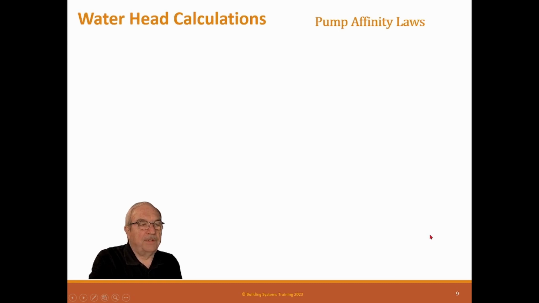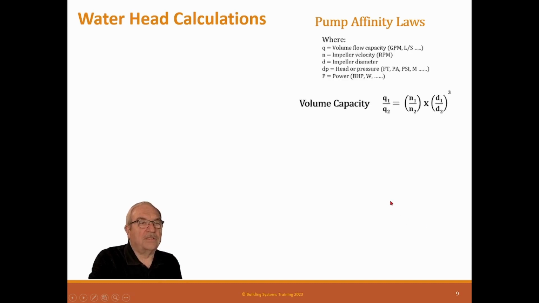Okay, pump affinity laws. Okay, so just like we have air fan laws, we have water laws called affinity laws. And this says that the volume Q equals speed times D, the impeller diameter here, not density, it's impeller diameter.